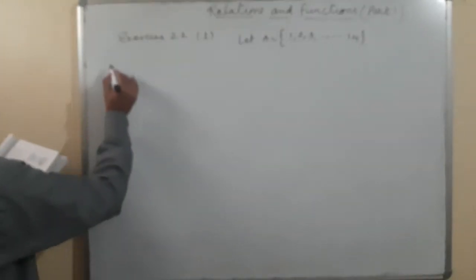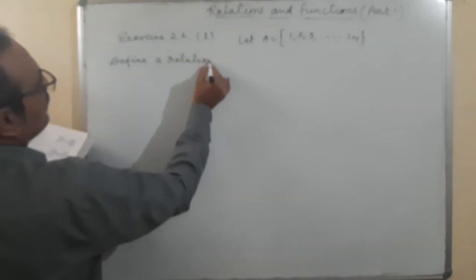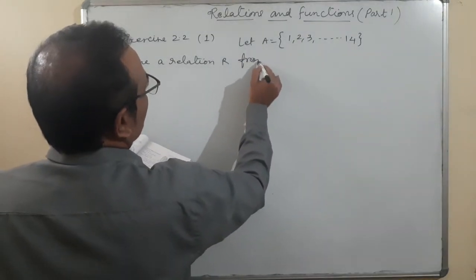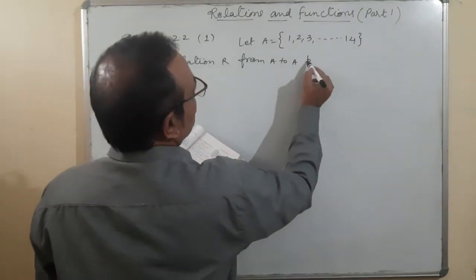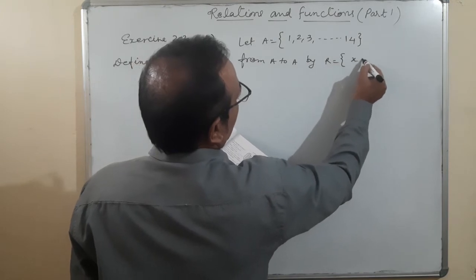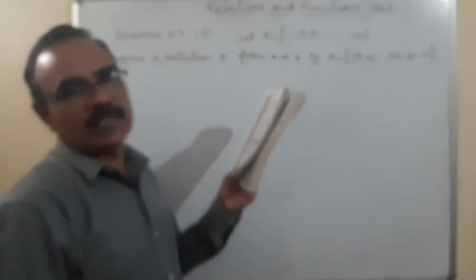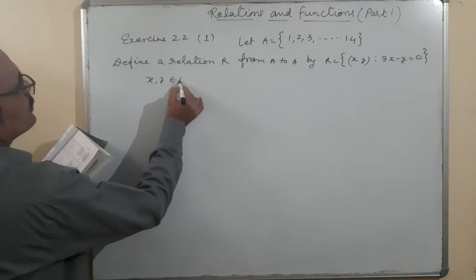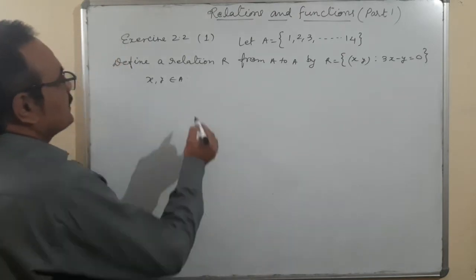Define a relation R from A to A by R equal to {(x, y) such that 3x minus y is equal to 0}, where x, y belong to A. This is the condition on the relation. Write down its domain, codomain, and range.